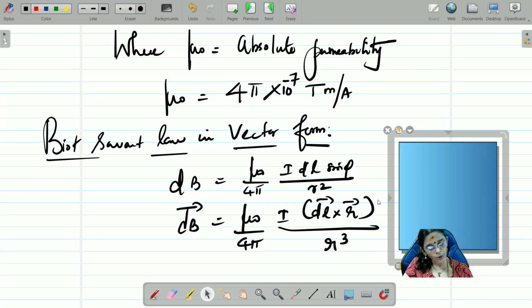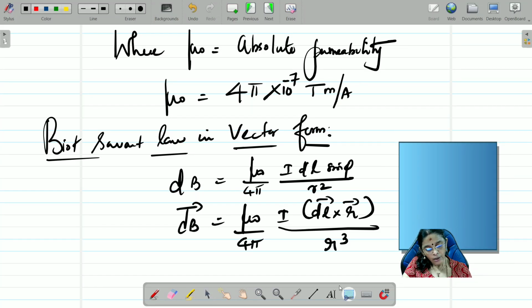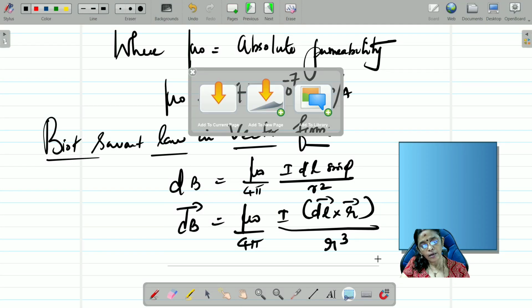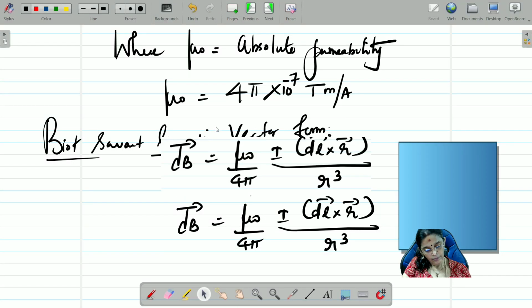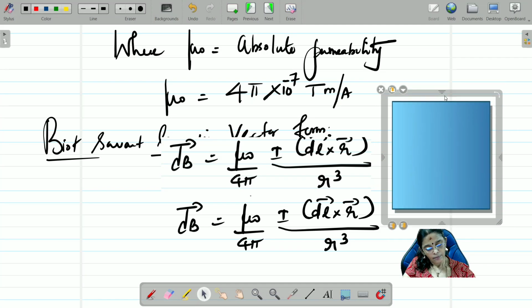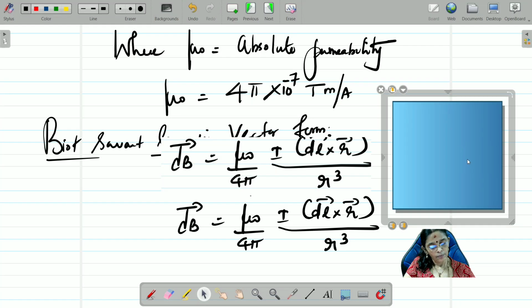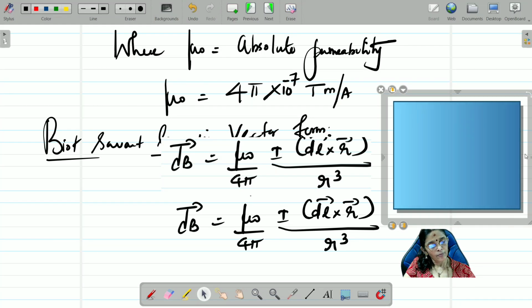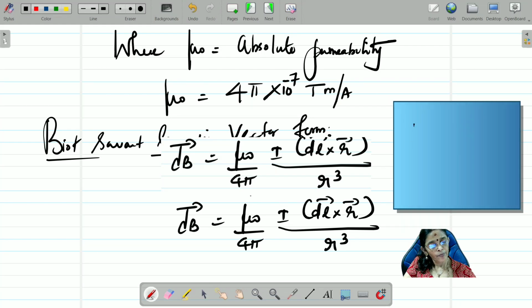Writing the same thing, dB vector is equal to mu naught by 4 pi I into dl cross r divided by r cube.